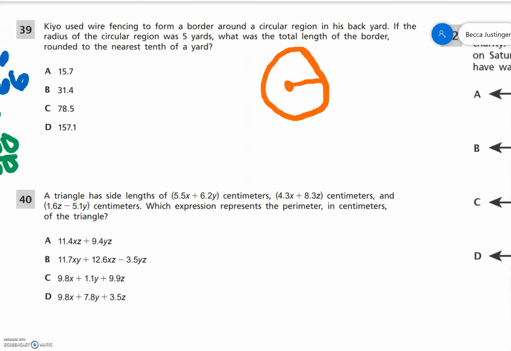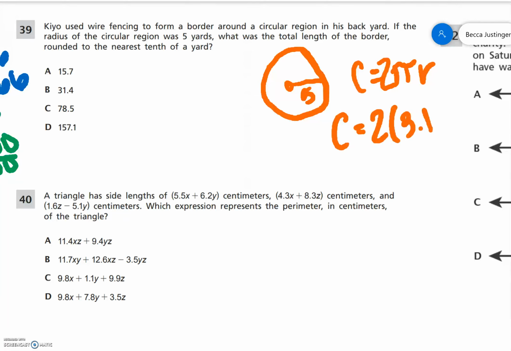So we've got the radius is 5, circumference equals 2 pi r. So we plug in 2 times 3.14, and the radius is 5. So we just multiply 2 times 3.14 times 5 gives us 31.4. So that is part B.